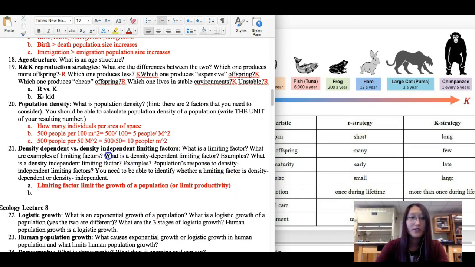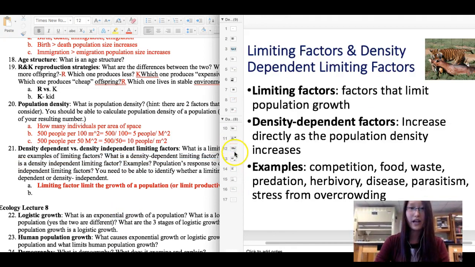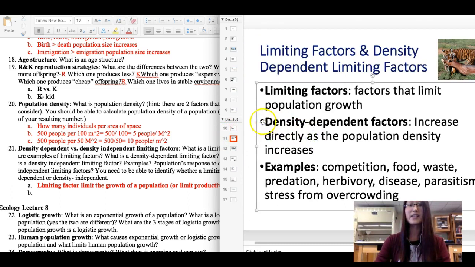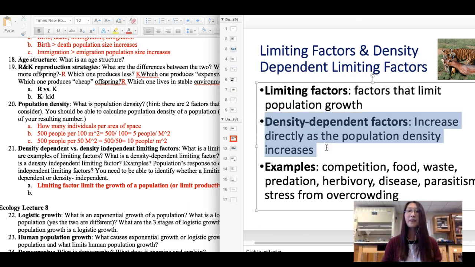Here you need to know the difference between density dependent and density independent limiting factors. So right here, if you look at our slides, here are some examples of density dependent limiting factors. First off, what is a density dependent limiting factor? That means this factor, this one situation, increases as we increase the population density.